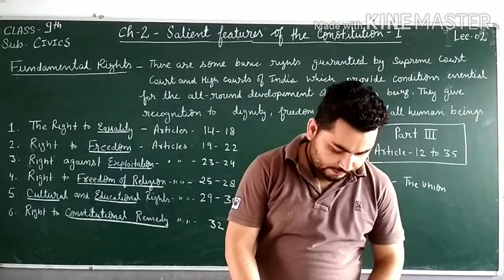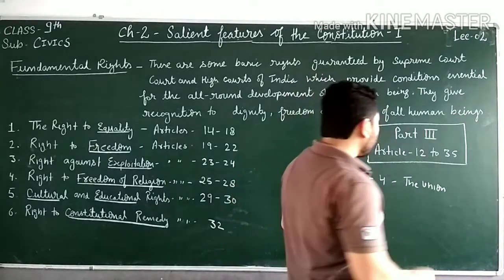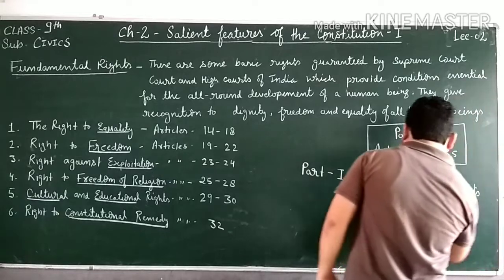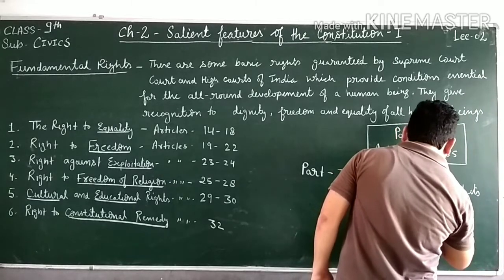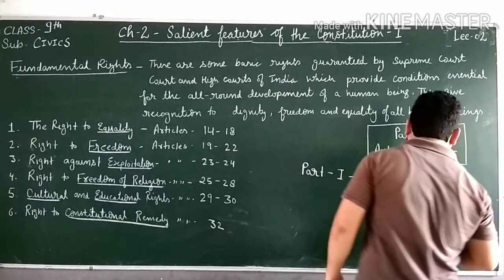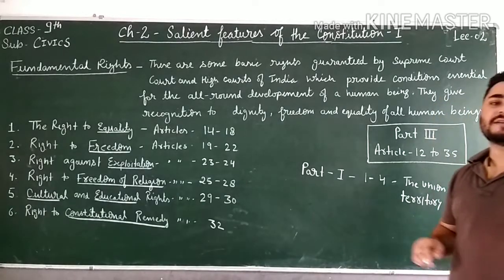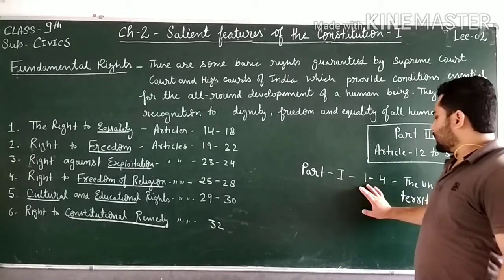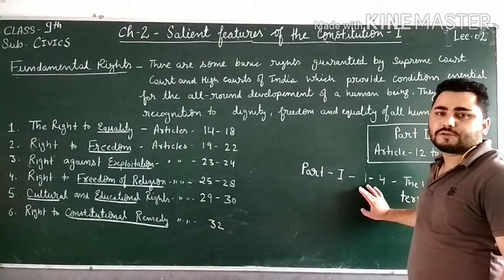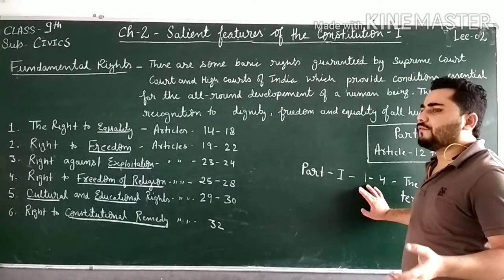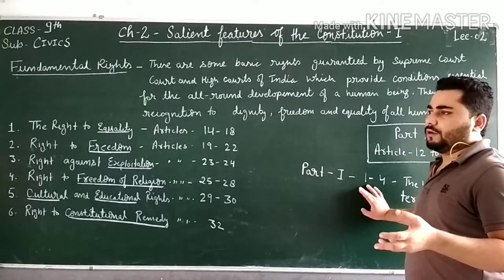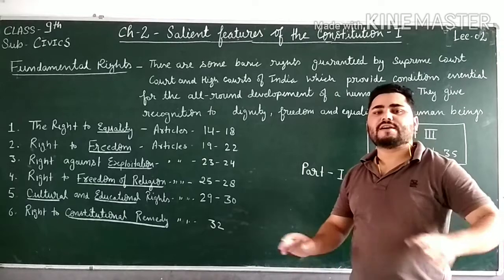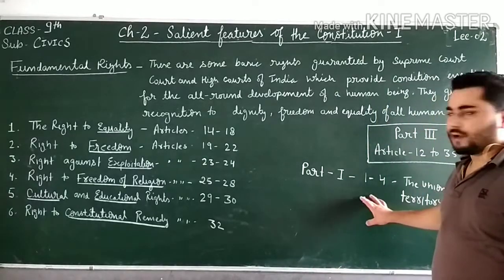It means what India, or Bharat, actually is. The first article of our constitution tells that India will be the union of these states and its union territories and the areas which are governed by our country.